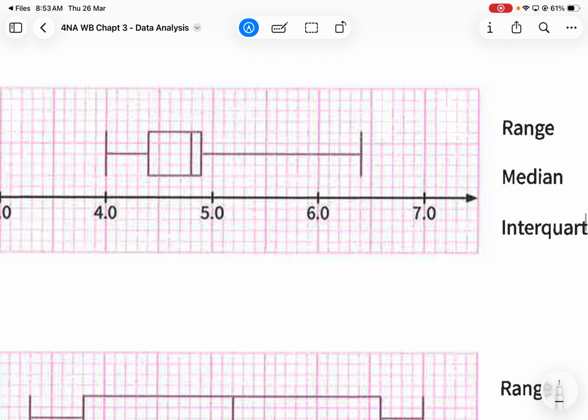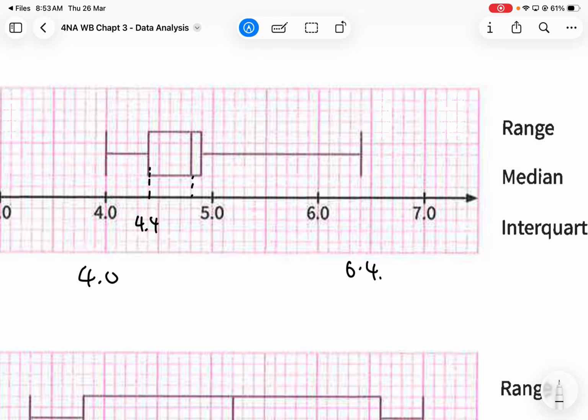Okay, minimum 4.0, maximum 6.4. This time round, 10 small boxes is 1. So each small box is 0.1. So 4 small boxes is 6.4. Okay? So here is 4.4.